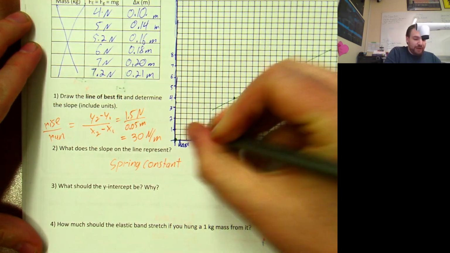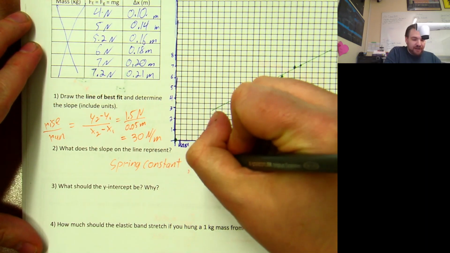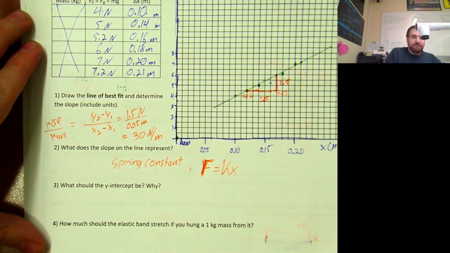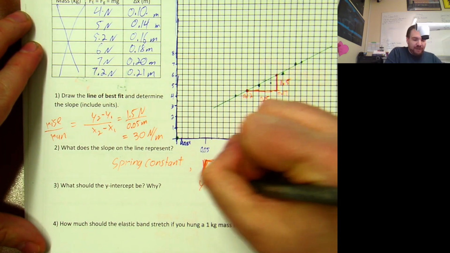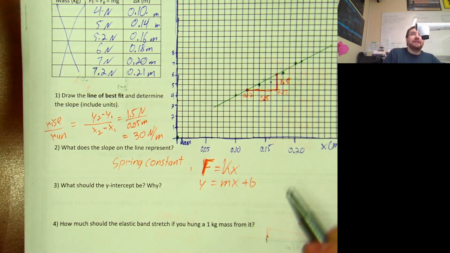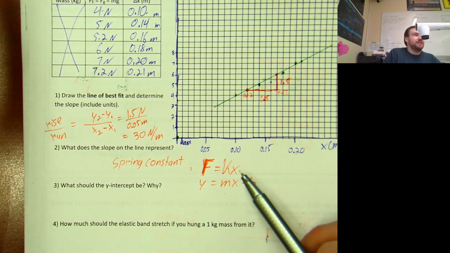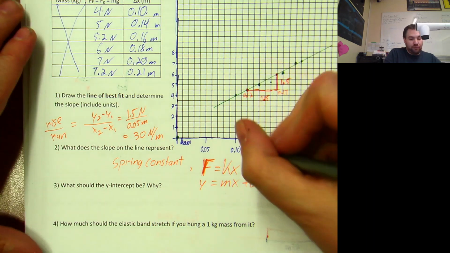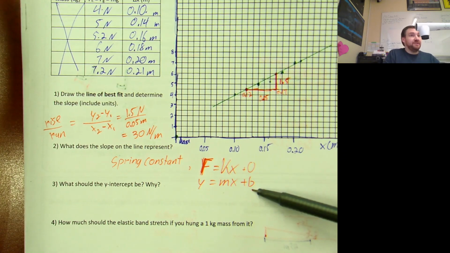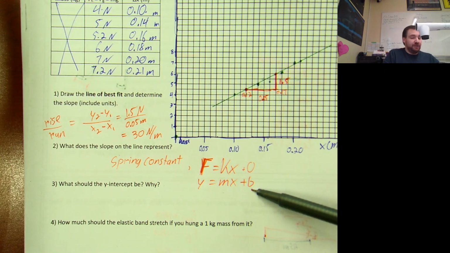Because we know that F equals kx, and this is the same format as y equals mx plus b, except on ours the b, the y-intercept, is going to be 0. So there should be no y-intercept for the reason we said before. No extension, no force.